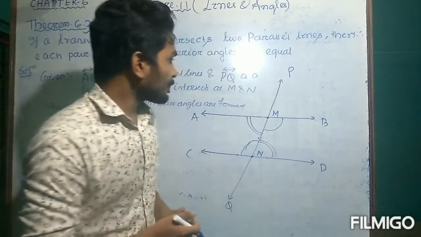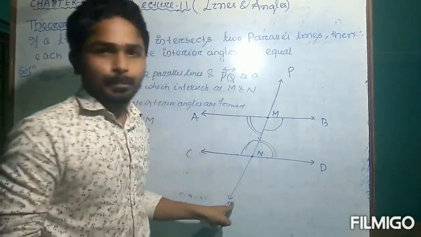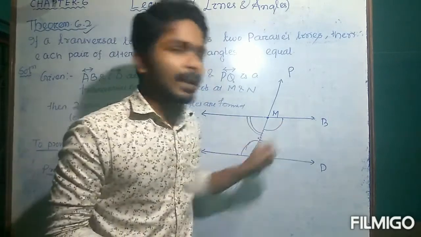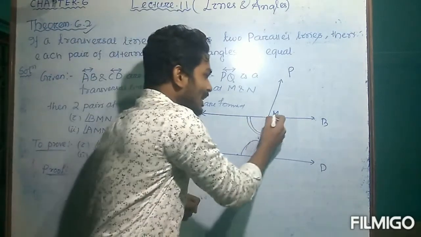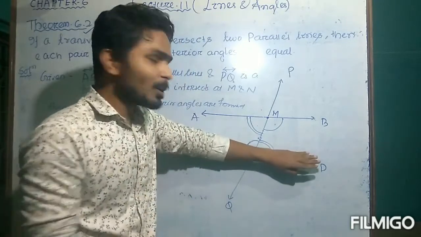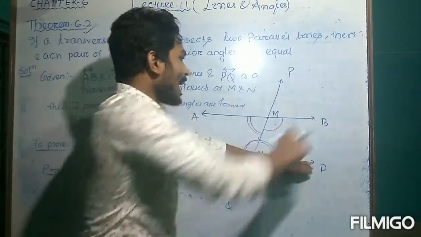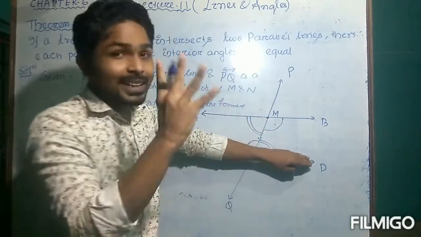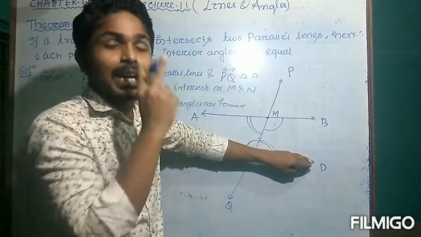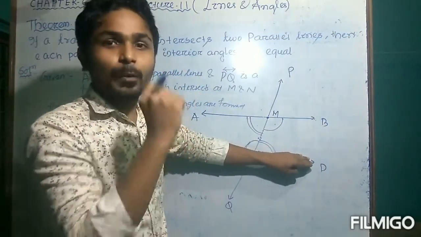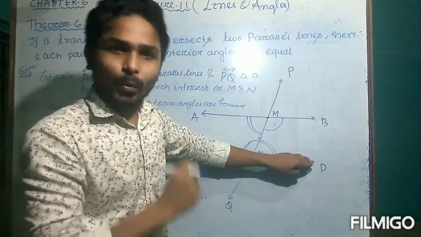See, whenever the line PQ intersects the line AB, forget about CD, PQ and AB, then how many angles are formed? 1, 2, 3, 4. Four angles are formed, and out of the four angles, two pairs of opposite angles are known as vertically opposite angles. Yes or no? Yes.